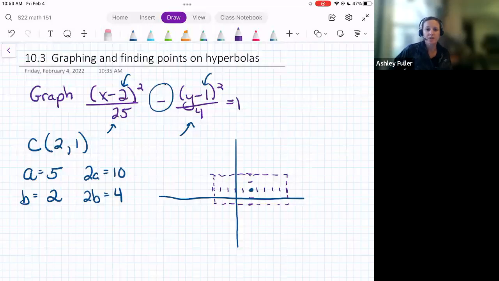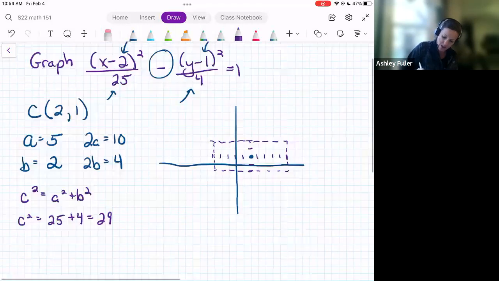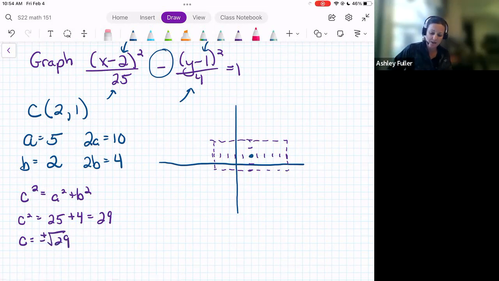From this information, we can also calculate our c value. We know that c squared is equal to a squared plus b squared. So c squared is going to be 25 plus 4, or 29, which tells us that c is going to be plus or minus the square root of 29. That c value can then help us find our foci.